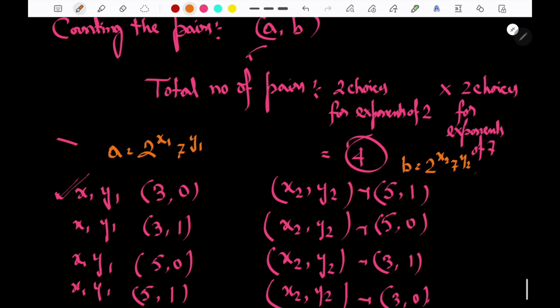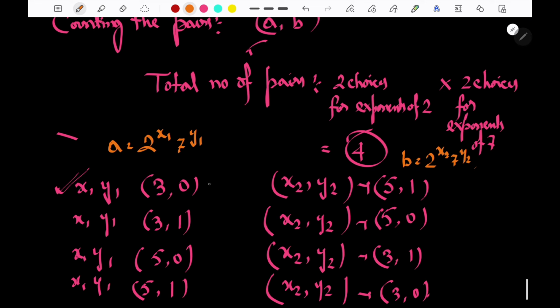So A becomes 2 cube, 8, into 7, that is 56. And what about B? B becomes 2 to the power 5, 32, into 7, that is equal to 224.